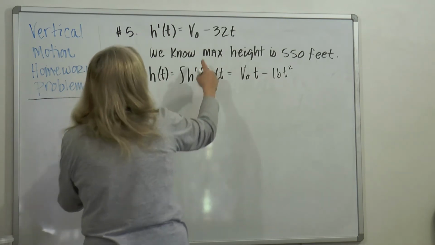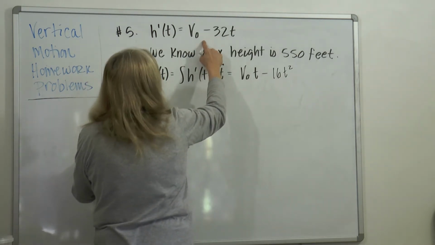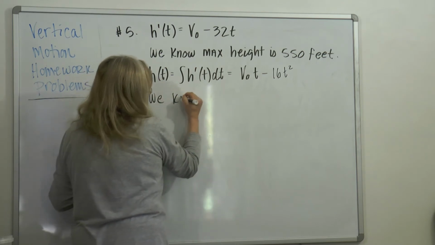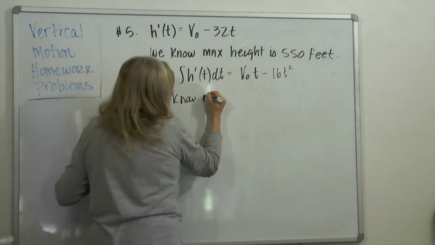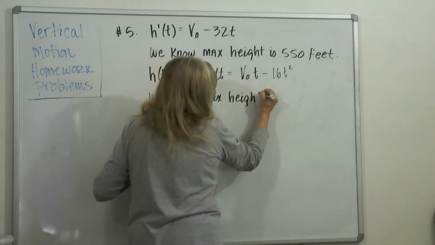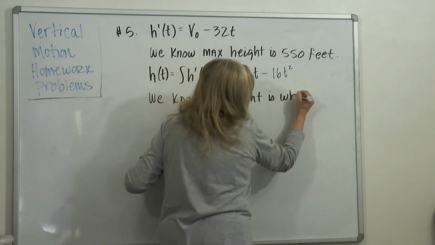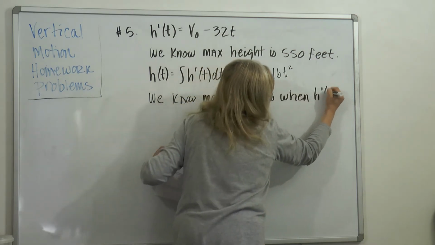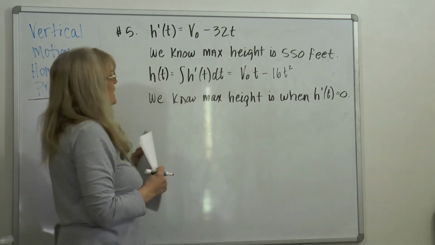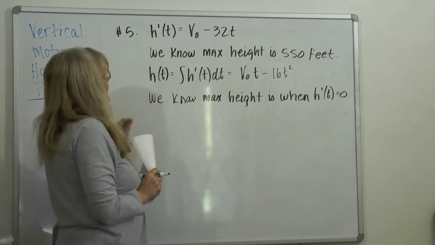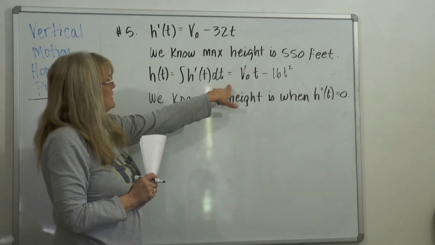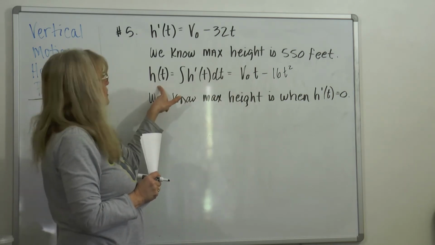So my max height is going to be the t value when it reaches max height, based on the position function.